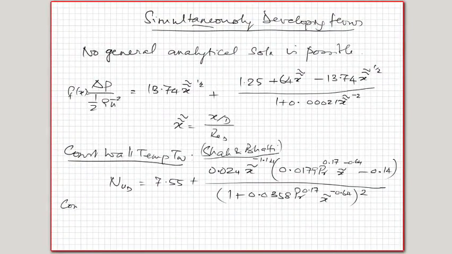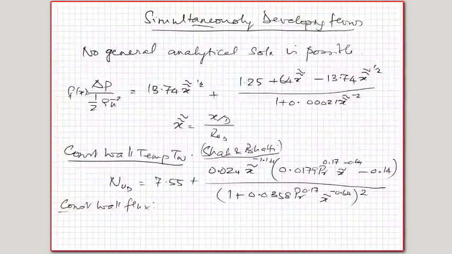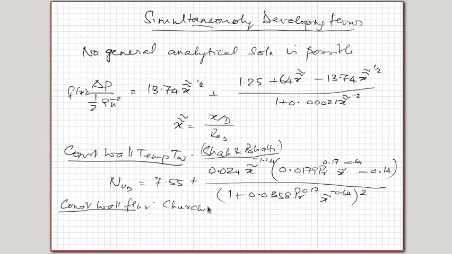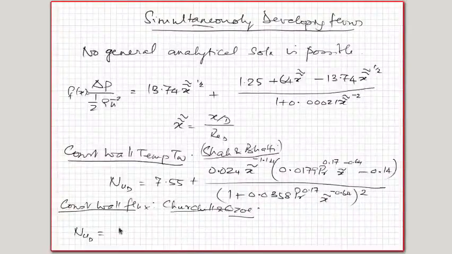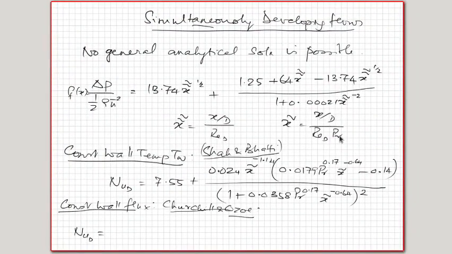For constant wall flux, the expression by Churchill and Ozoe is more commonly used. This is again a more horrendous expression. NuD, where x tilde is the usual one, x tilde is x by d divided by Re_D Pr.